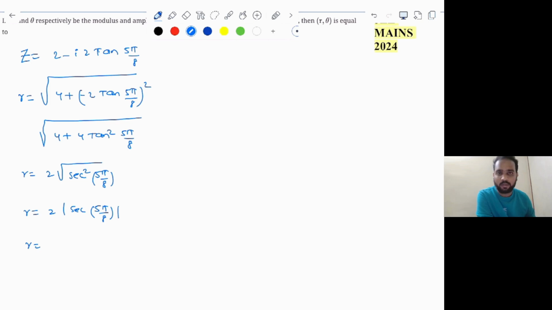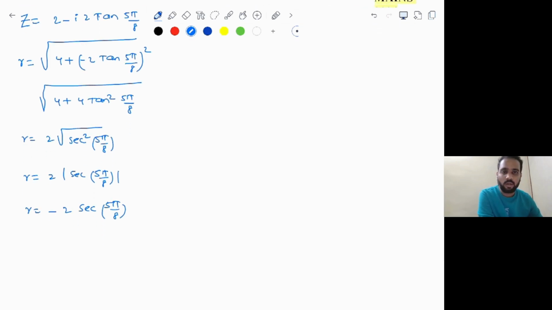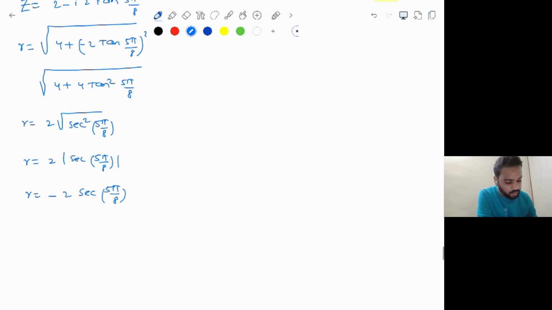Here it's like mod x. So we know the definition of mod x. When x is negative, mod x should be written as what? Minus of x. So you can write the answer as r is equal to minus 2 into secant of 5π by 8. This is the proper way to do this question. Also, if you do not have this value in the options, you can change it using trigonometry concepts.